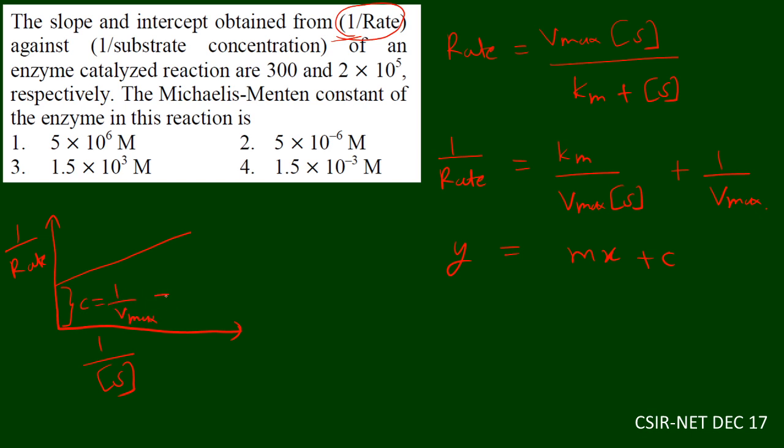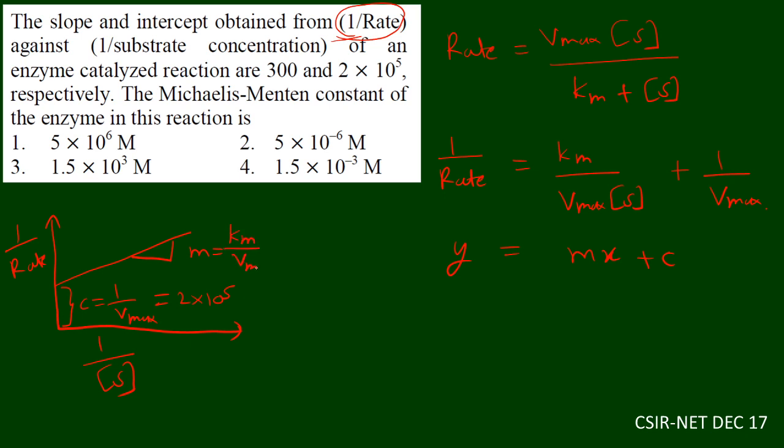1 by Vmax is equal to the intercept, which is given as 2 into 10 to power 5. And what is the slope m? 1 by substrate is the x-axis scale, and Km by Vmax is the slope.